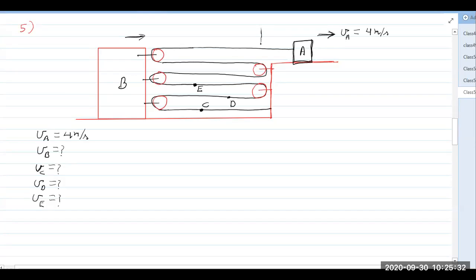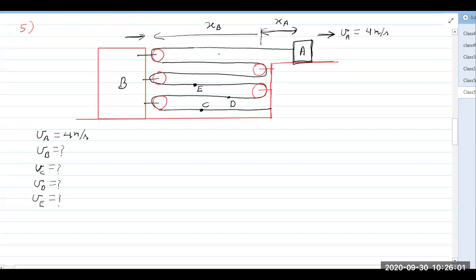From here we can take the length, because this is a fixed pulley. From this fixed point, this side we write XB, and this side we write XA. So what will be the total length of the string? 1, 2, 3, 4, 5, 6.